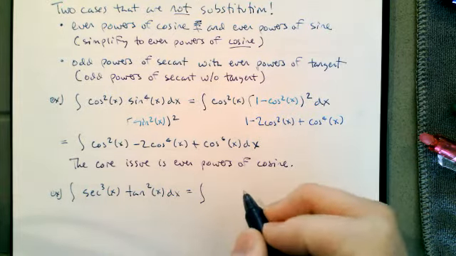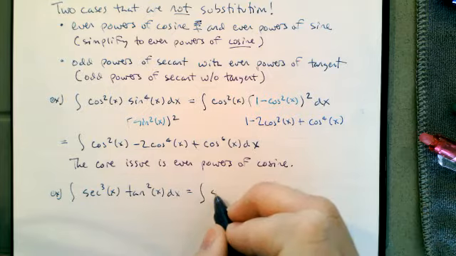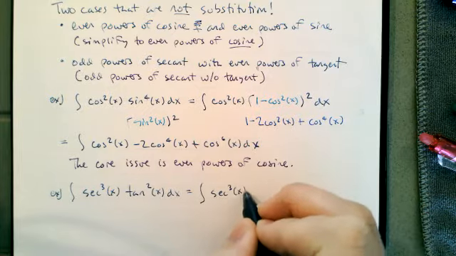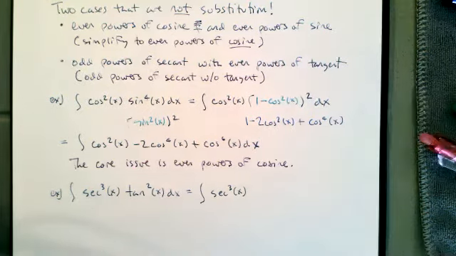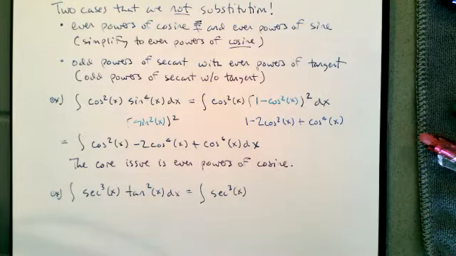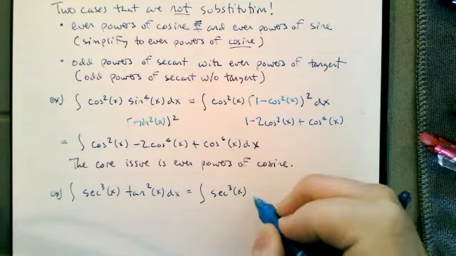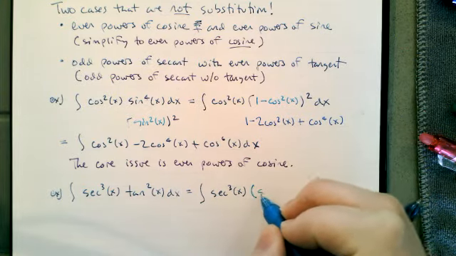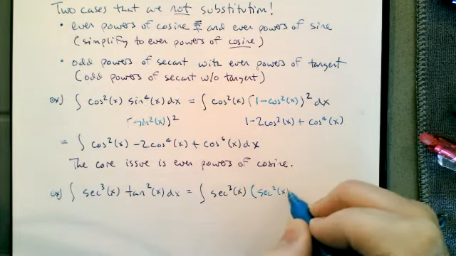So secant cubed x, the tangent squared I will replace: tangent squared x is secant squared x minus 1.